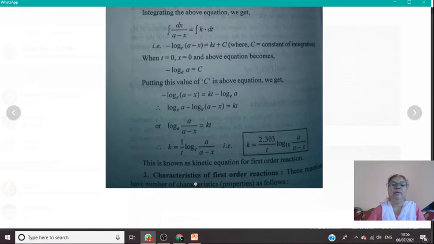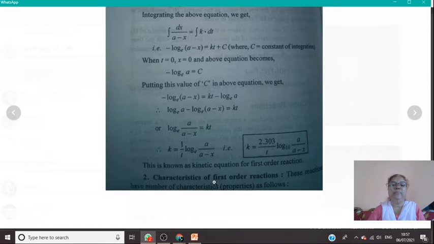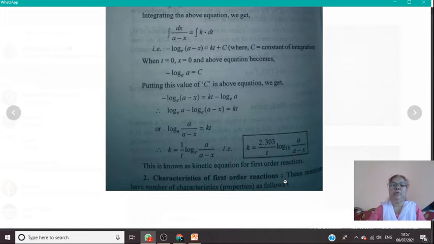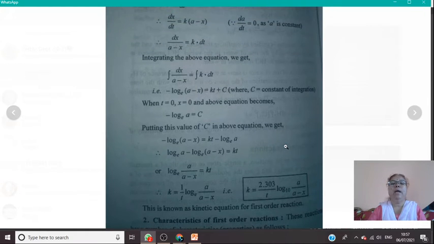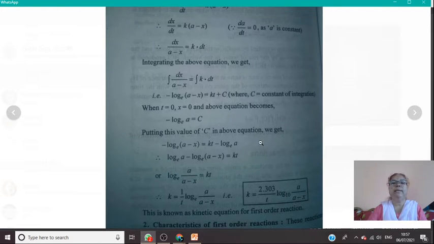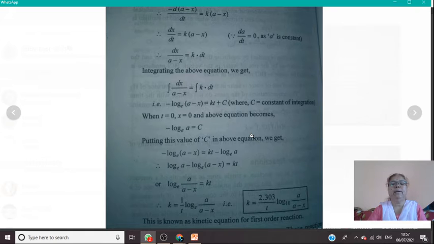Then our next point is the characteristics of first order reaction. There are a number of characteristics of first order reactions, and for your syllabus there are only 6 characteristics. So study well those 6 characteristics.